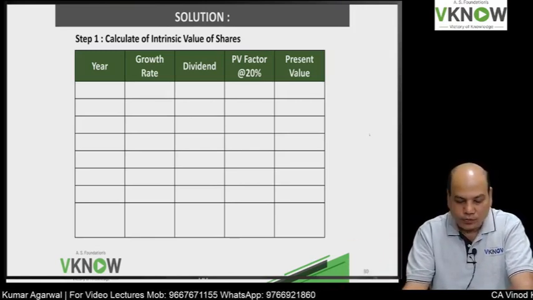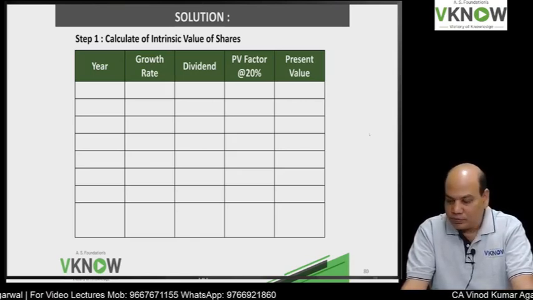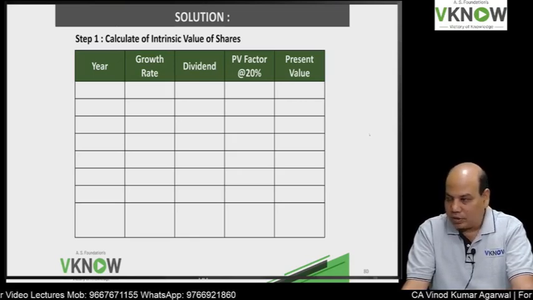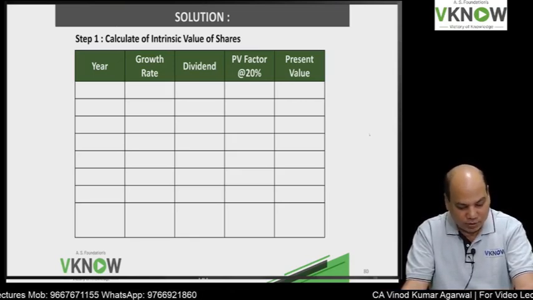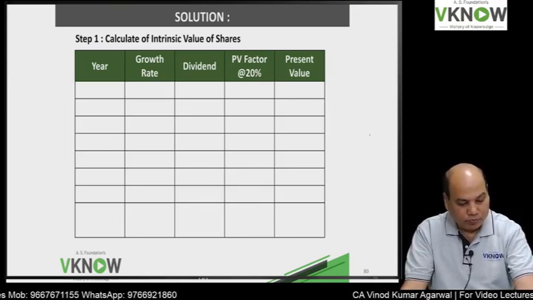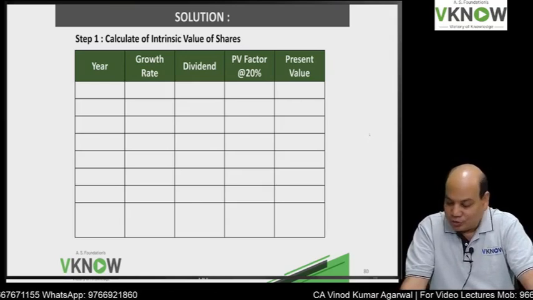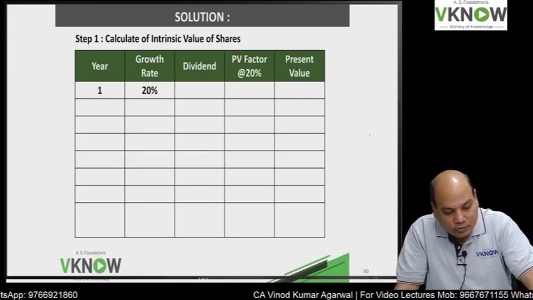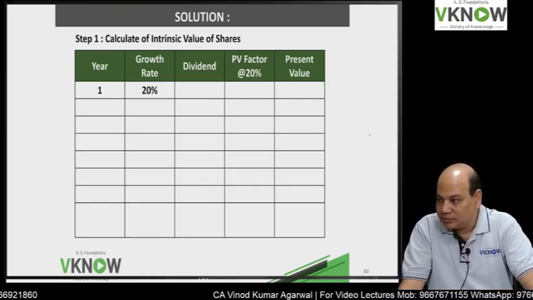I am going to draw a total of 5 columns. First column year, second column growth rate, third column dividend, fourth column PV factor at 20%, which is given in the problem. Respect the institute, they have given you the factor. And the last column present value. First write down year 1, growth rate 20%.